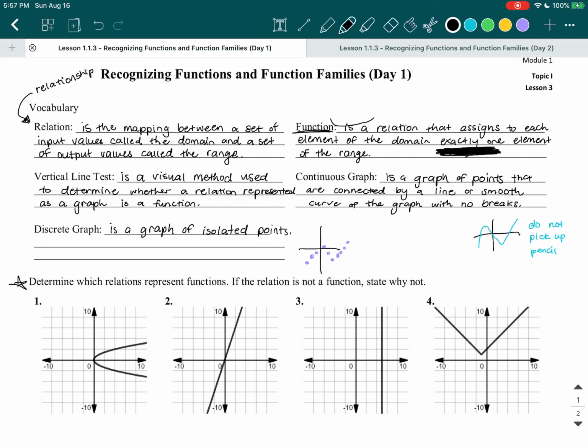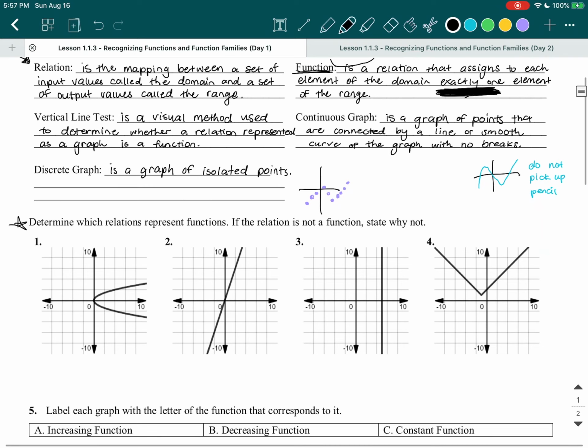All right, so now that we got all of our definitions down, let's follow the instructions over here. Determine which relations represent functions. If the relation is not a function, state why not. So in order to determine if these graphs are functions, we're going to be using the vertical line test. Let me scroll up a little bit. All right, so we're going to be using the vertical line test, and the way you do that is, let me draw a line.